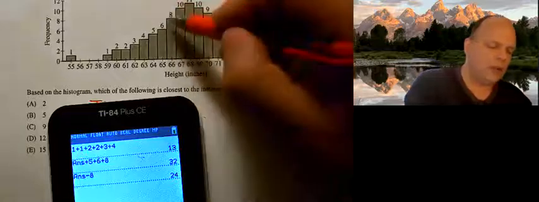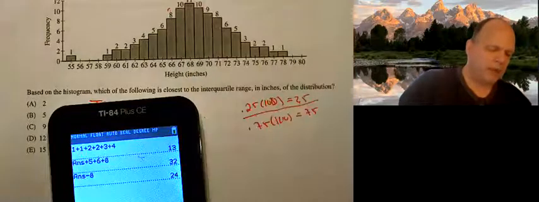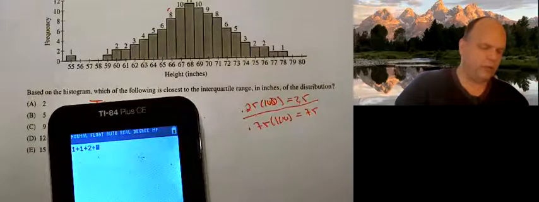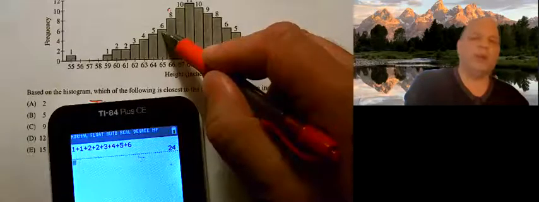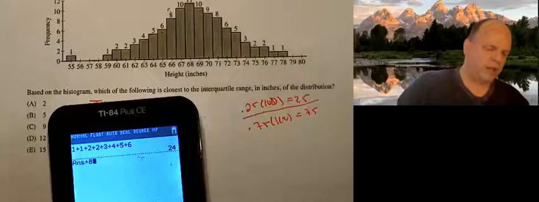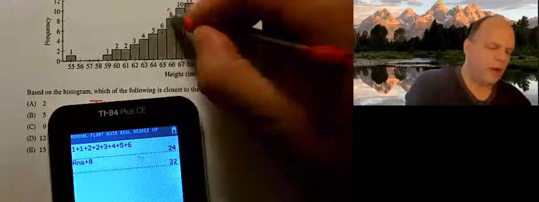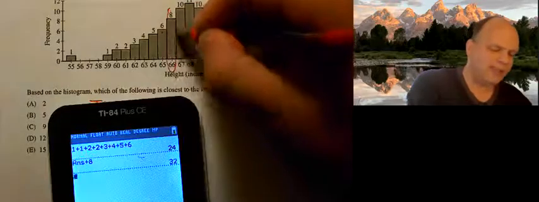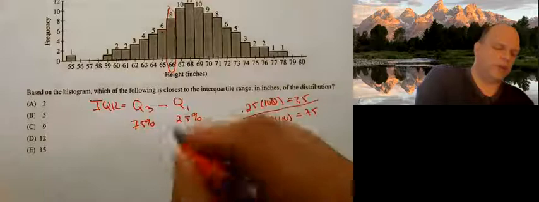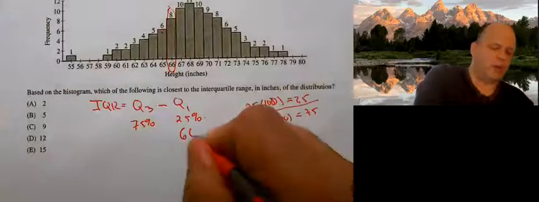So basically, I'll back up just a second. 1 plus 1 plus 2 plus 2 plus 3 plus 4 plus 5 plus 6, and I got to 24. That's not high enough. But if I add 8 to it, I go over. So somewhere in this bin at 66 is the 25th person.